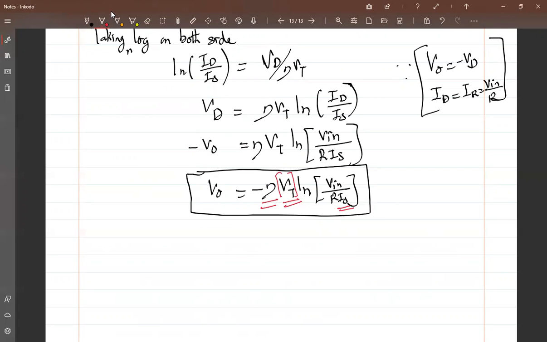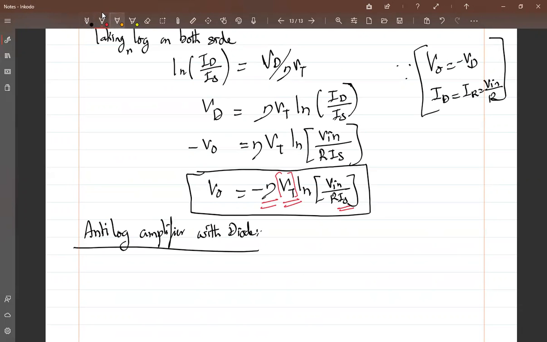Similarly, for anti-log calculation, we are just interchanging the diode and resistor.